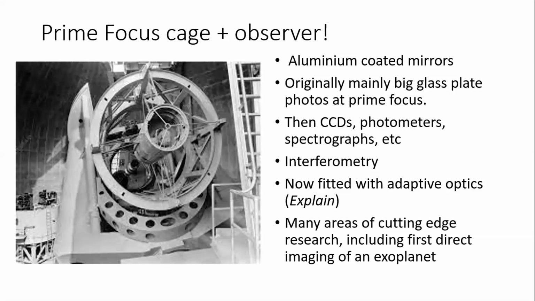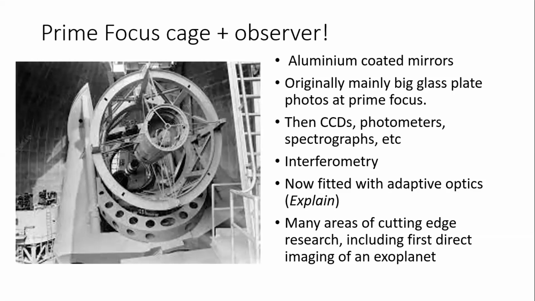Originally, they used it mainly for just imaging, and then you add CCDs and photometers and spectrographs and so on. It can be used as an interferometer. It's now got adaptive optics, which I'll explain in a moment, and many areas of cutting-edge research, including the first direct imaging of an exoplanet, were done with that telescope.